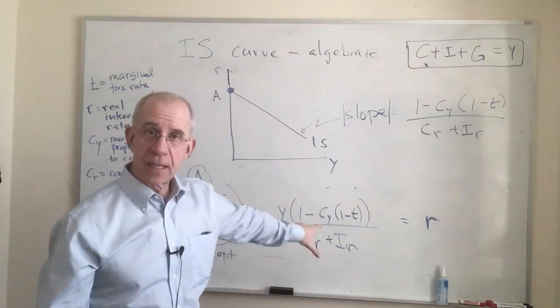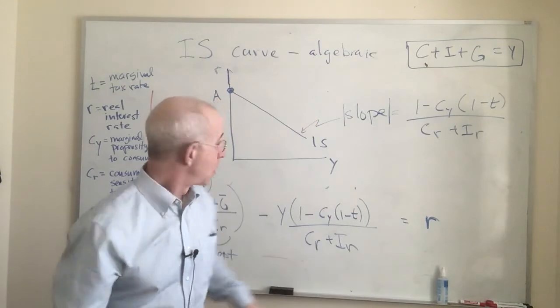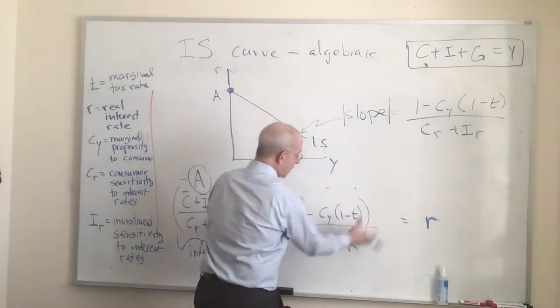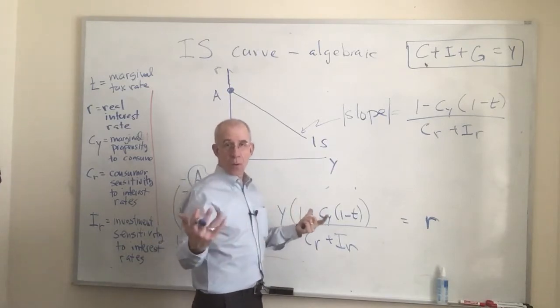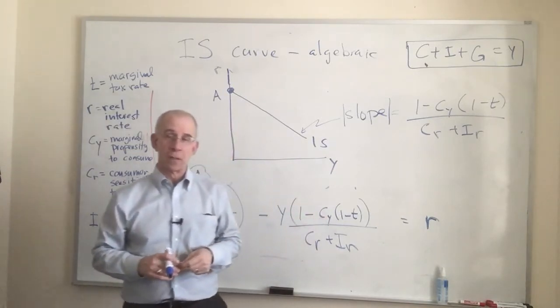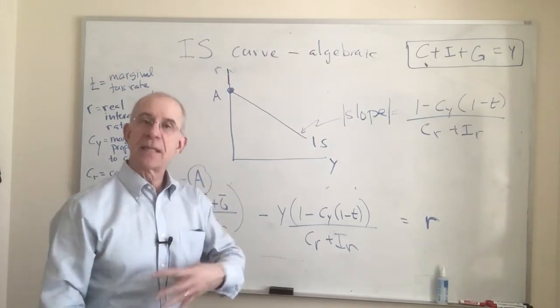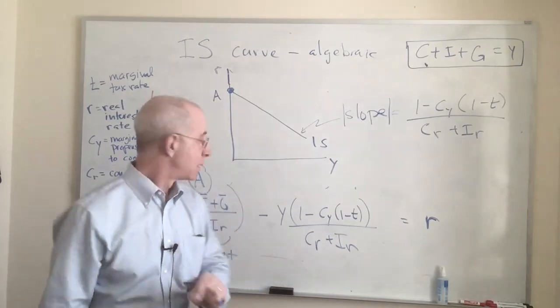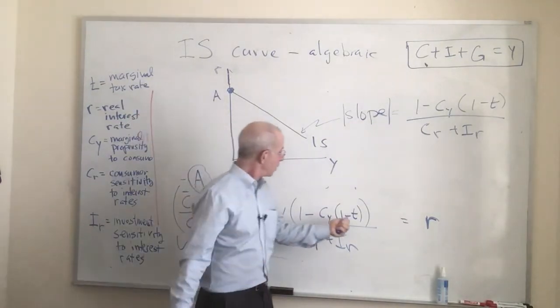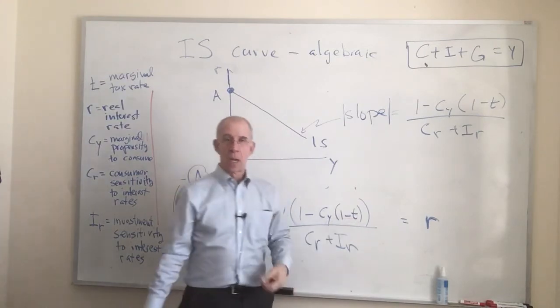In this more sophisticated version of it, a change in the tax rate will make this slope either bigger or smaller depending on which direction the tax rates go. Let's say that there's a tax cut, a change in the marginal tax rate. Now that is going to be reflected in this component right here.